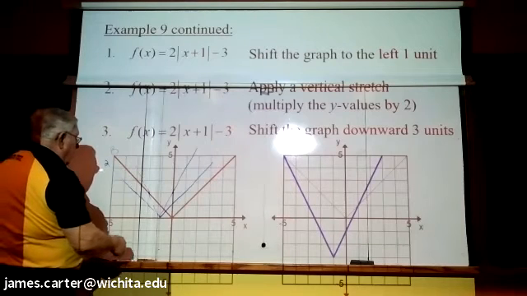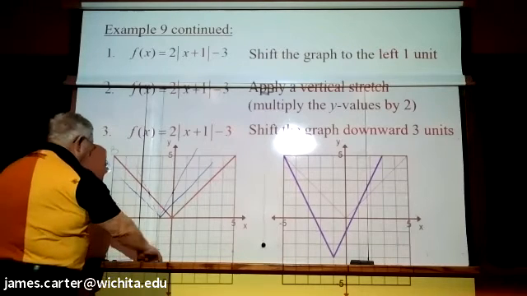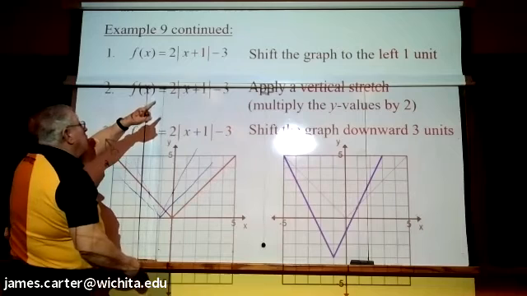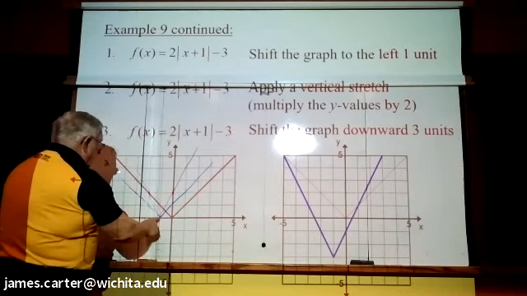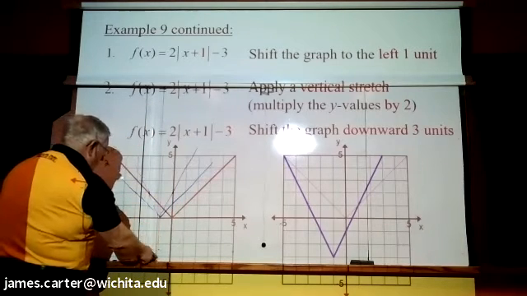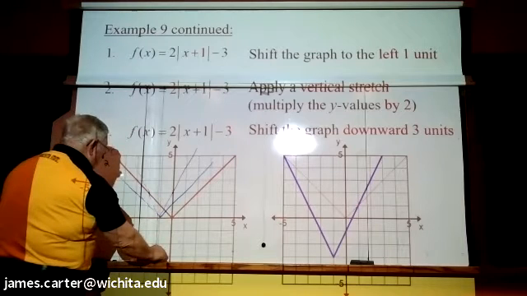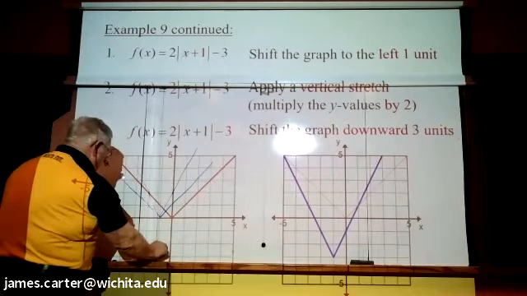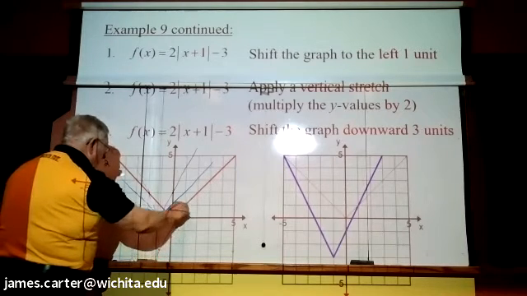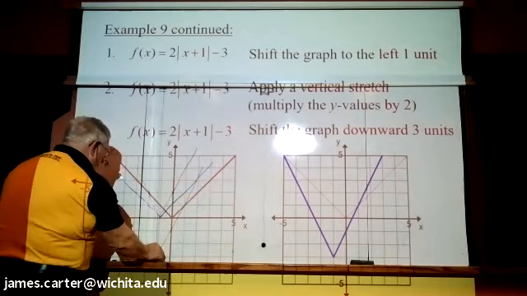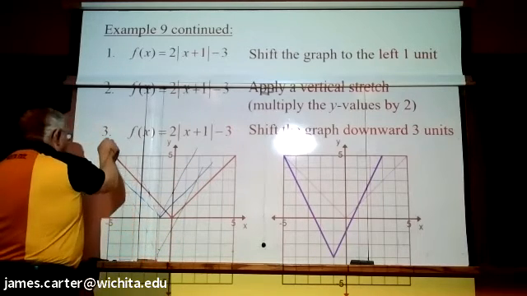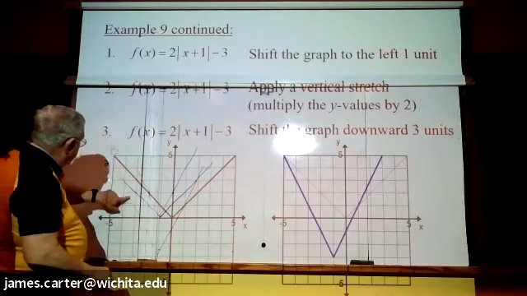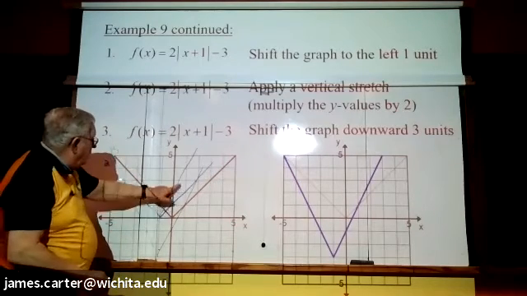Okay, so now our final step on this one is we got to move it down 3. So we take this purple one and move it down 1, 2, 3, and it now goes up like this. Notice this one's still at the same angle as that one.